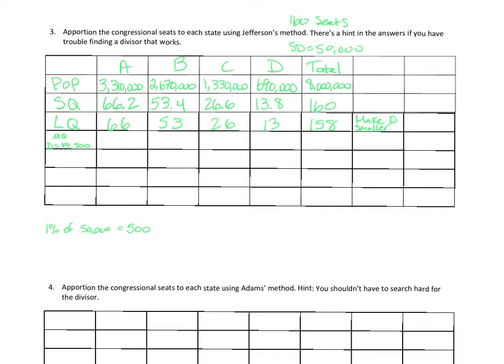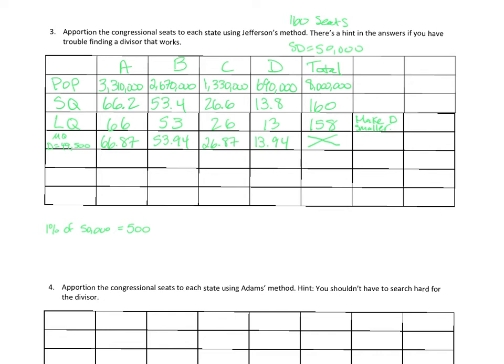Now I divide each state's population, 3,310,000, divided by 49,500, and we get about 66.87. Do this for each of the states. Adding those 4 numbers up does not give you anything meaningful, so I'm just going to put an X there.